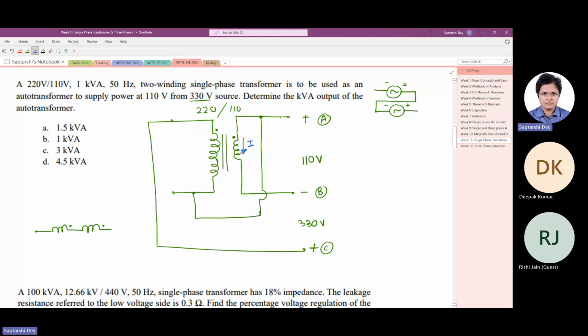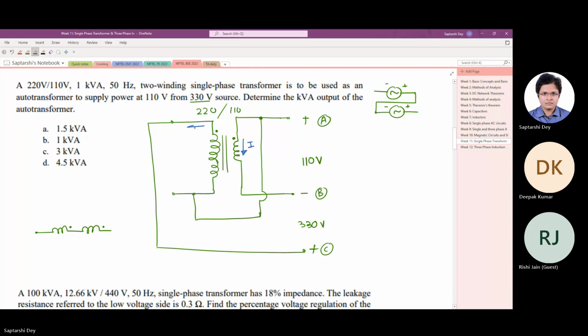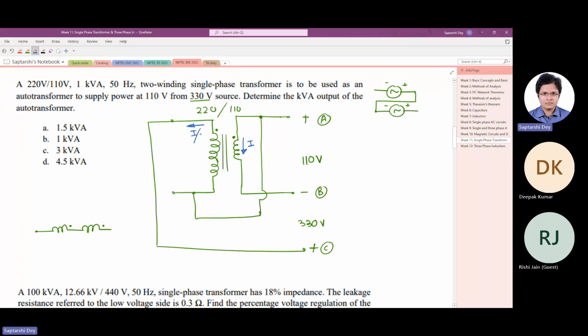The transformer will burn. In auto transformer operation also, we have to make sure that it does not cross the value I ampere. And if this is I, then definitely this will be I by 2, because the voltage is twice. The current will be halved.